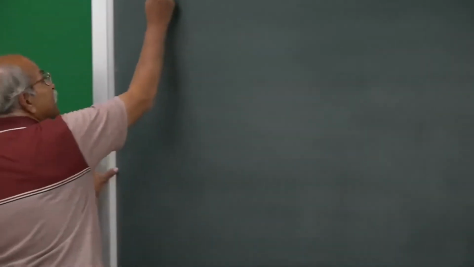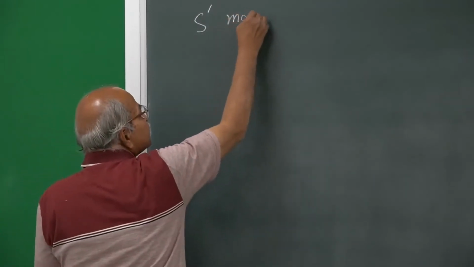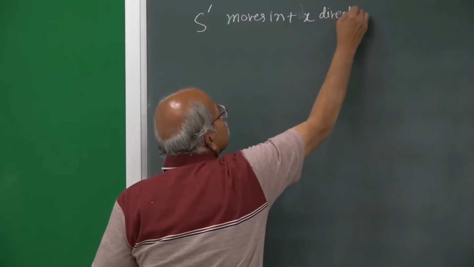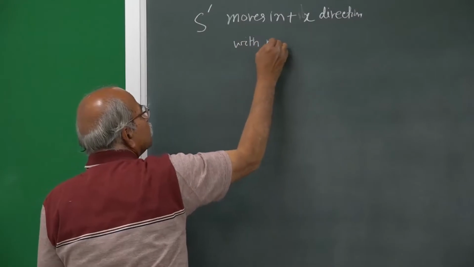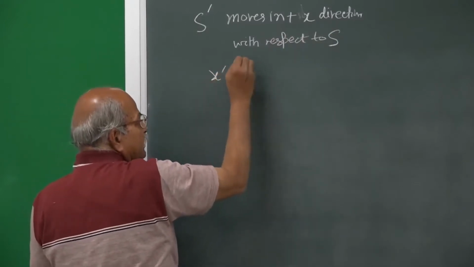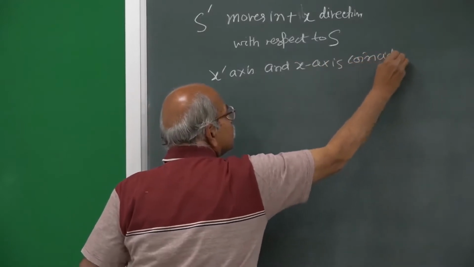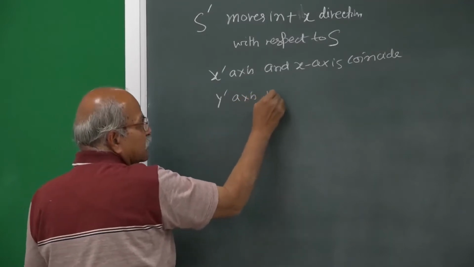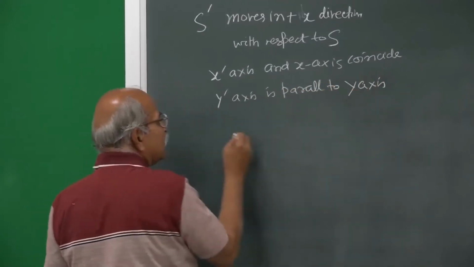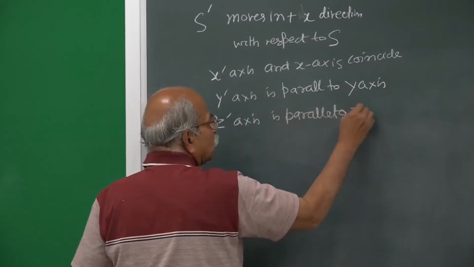From the very beginning I have said that whenever I will use S prime, I will have this convention that S prime moves in positive x direction with respect to S, then x prime axis and x axis coincide all the time, then y prime axis is parallel to y axis all the time, and of course then z prime axis will be parallel to z axis all the time.